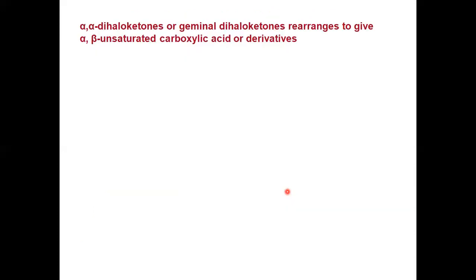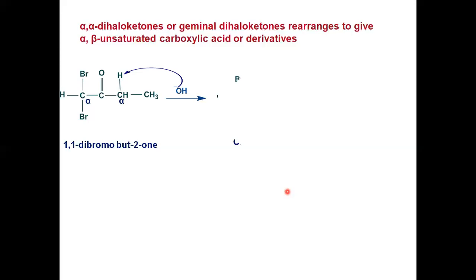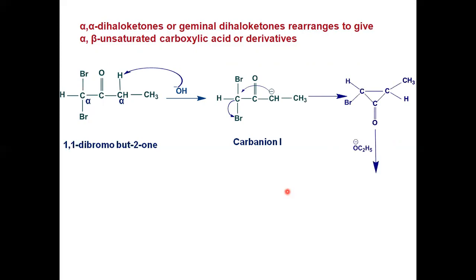Some more points about the Favorskii rearrangement. In the case of alpha,alpha-dihaloketones or geminal dihaloketones, for example 1,1-dibromobutan-2-one, the hydroxide ion or base abstracts an alpha proton and forms carbanion 1. Carbanion 1 shifts the electrons towards the other alpha carbon and forms a cyclopropanone ring.